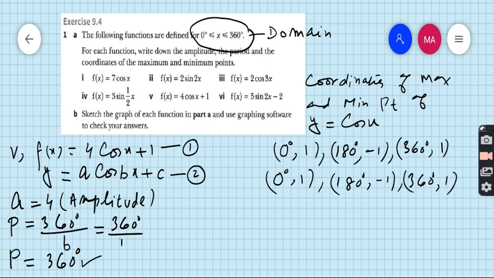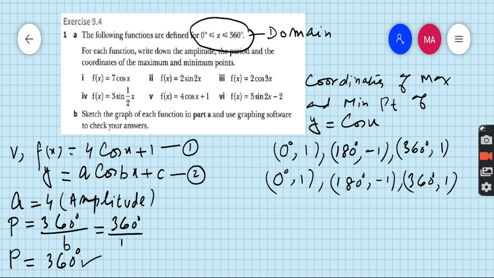Now coming to the y values, that is 1, minus 1 and 1. The amplitude is 4, so we have to multiply the amplitude 4 by each value.